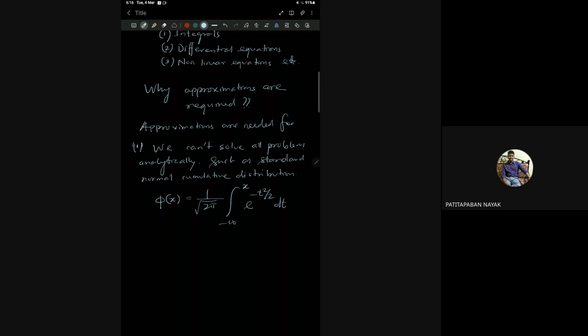So this is a typical normal distribution. If we have to evaluate this integral, it cannot be solved very easily by analytical techniques, or by using pen and paper and formula. So for that we need approximations.